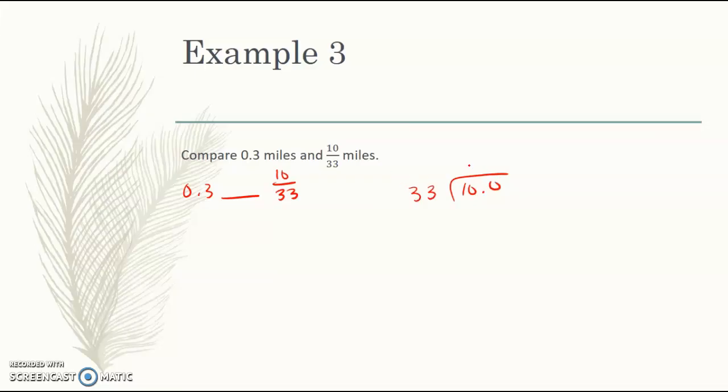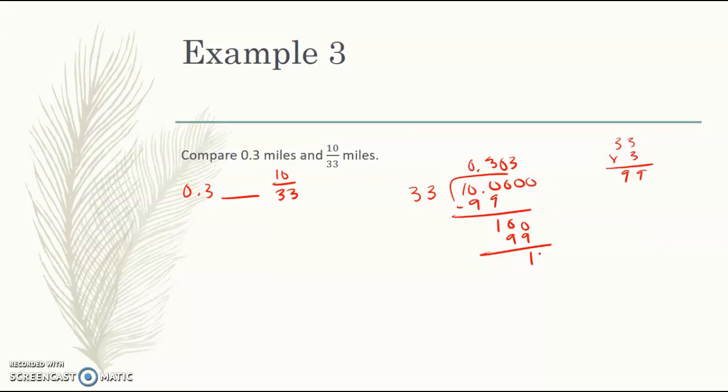Put in the decimals. And 33 goes into 100 3 times, because 33 times 3 is 99. And so we have 99. Subtract, and we get 1. Put in our 0. It doesn't go into 10, so I have to put another 0. It goes into 100 3 times. We get 99, in which we are left with 1.